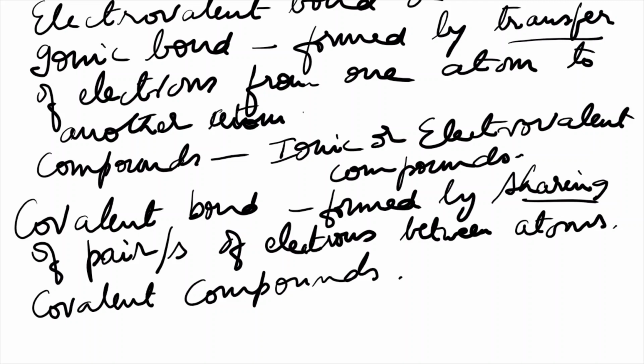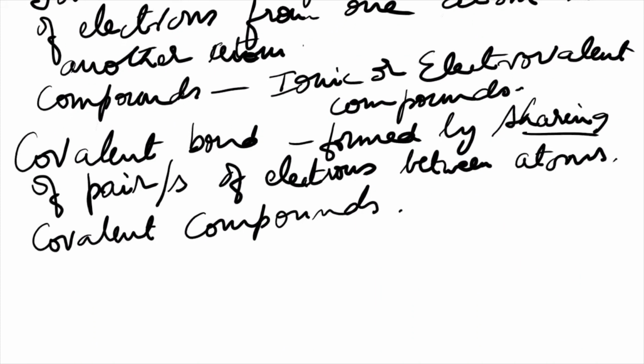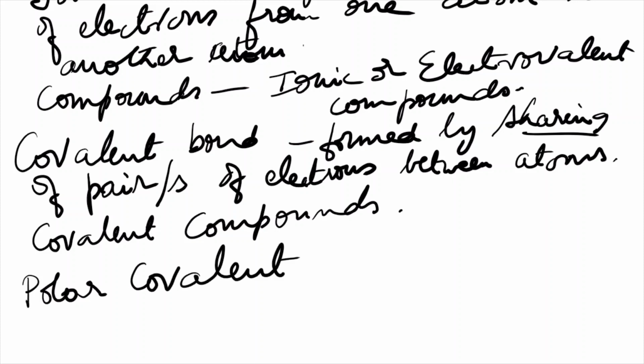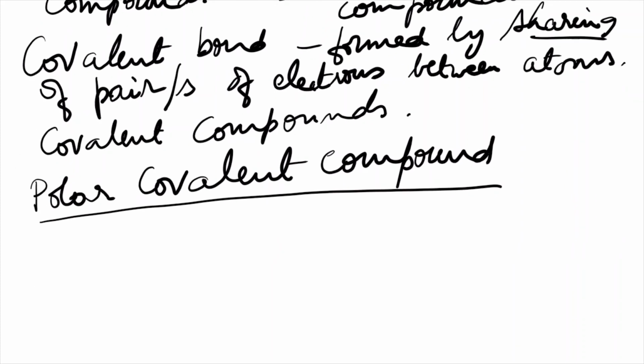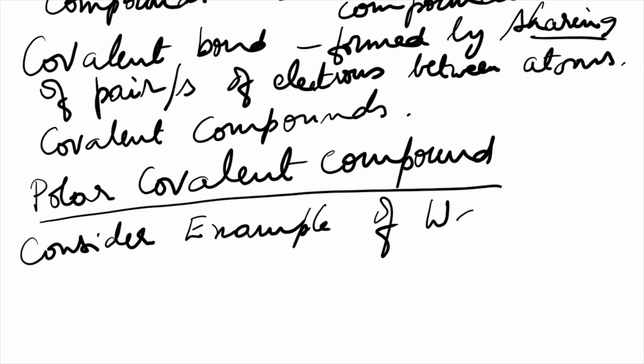Now I will be teaching you polar covalent compounds, in which you have a polar covalent bond. Let us consider the example of the water molecule, which I explained while teaching covalent bond.